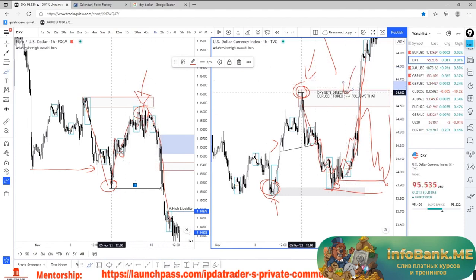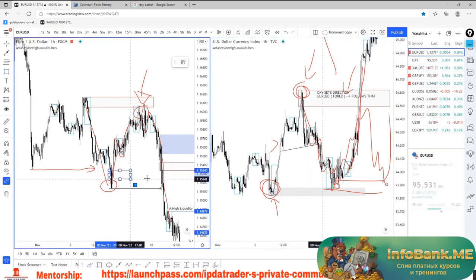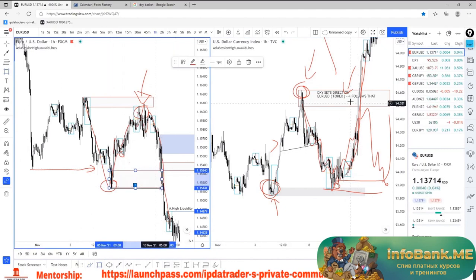Where? Well, if you look at Euro USD, you can see that this block over here represents this bullish block over here. So now, when you're taking those Euro USD sells, you can understand that, hey, as the DXY is hitting that block, Euro USD should be hitting this one over here, and I'm going to be partialing, taking profits, whatever you really want to do, right?